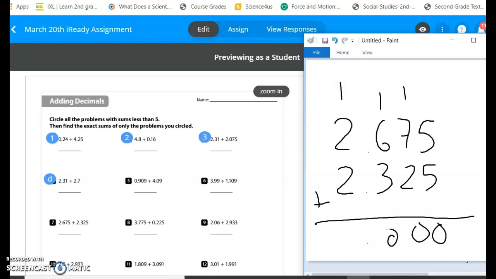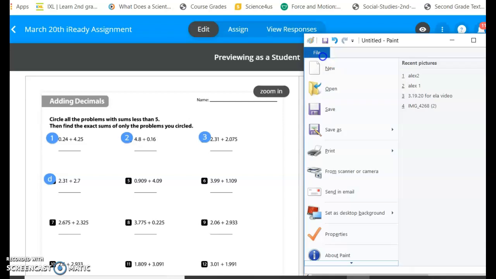I'm going to bring my decimals straight down. And then I'm going to add 1 plus 2 is 5. So then I know my answer is 5. 5 and nothing after it, these zeros, just equals 5. So that is the answer to number 7.